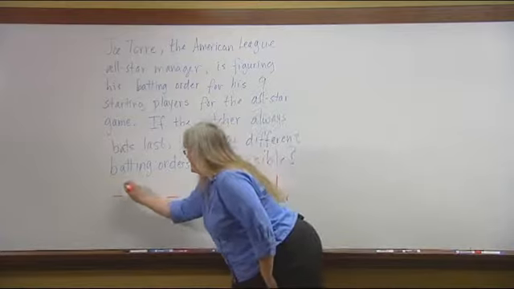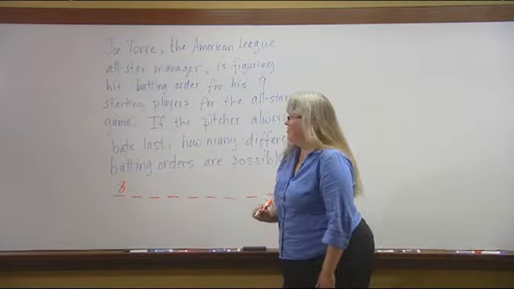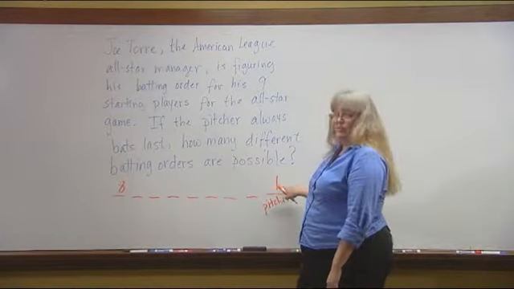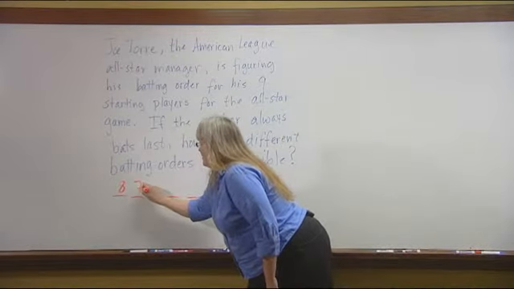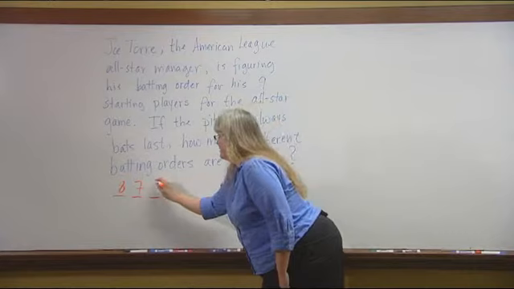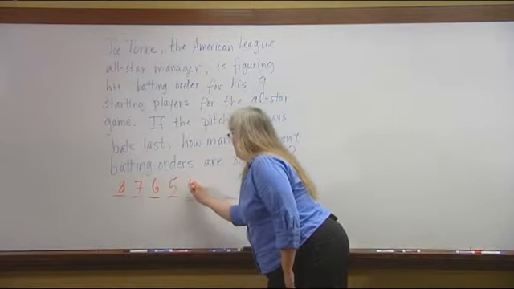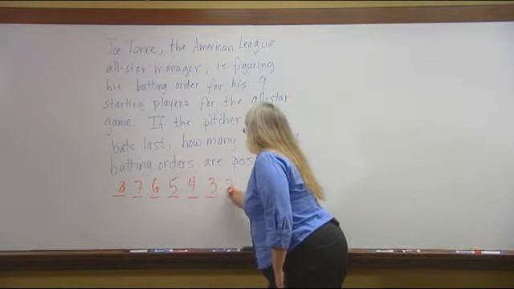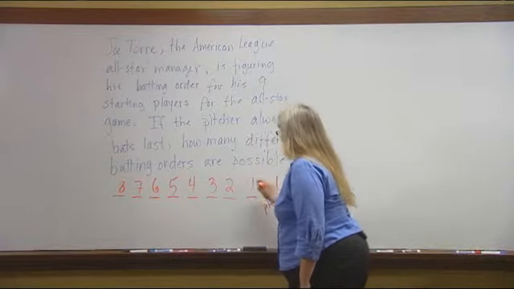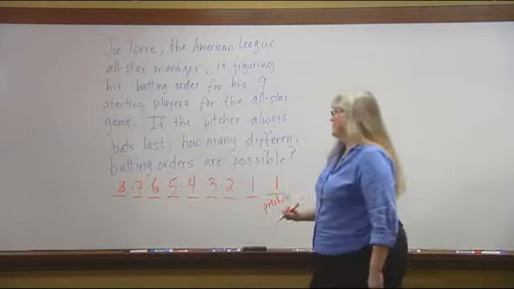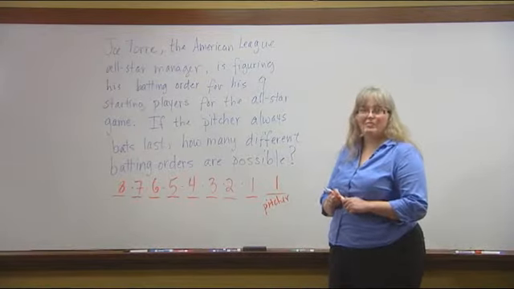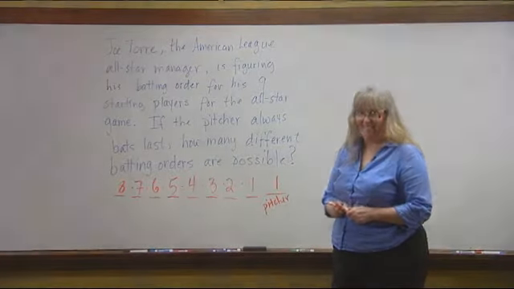So we have 8 possibilities there. Remember, we've already used the pitcher, so there's only 8 players left. Then we'll have 7 in the second slot, 7 choices. 6, 5, 4, 3, 2, 1. So when we multiply all these together, we're multiplying 8 times 7 times 6 times 5 times 4 times 3 times 2 times 1 times 1.